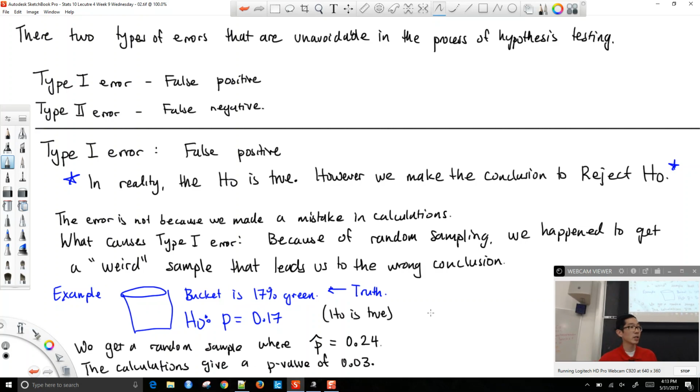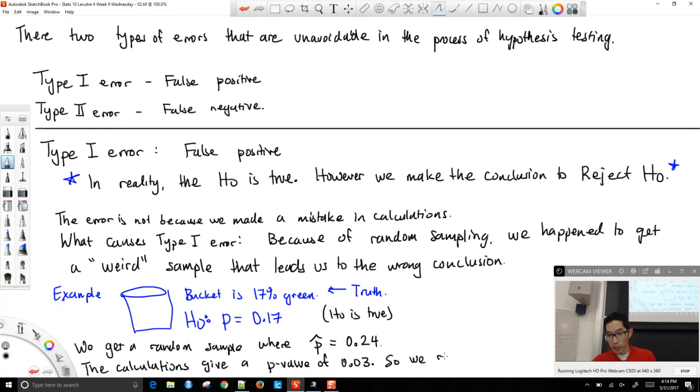So we reject the null hypothesis, but that was the wrong decision. We follow the procedure, and that's the right thing to do in that scenario. However, rejecting the null hypothesis is wrong because in truth, the bucket really is 17% green.